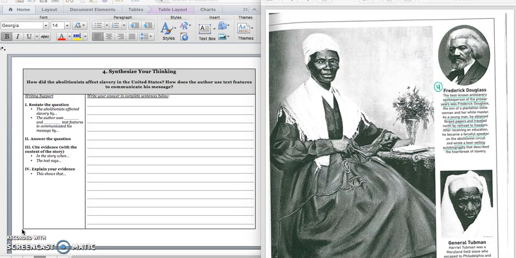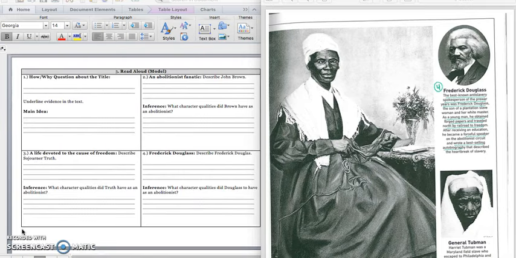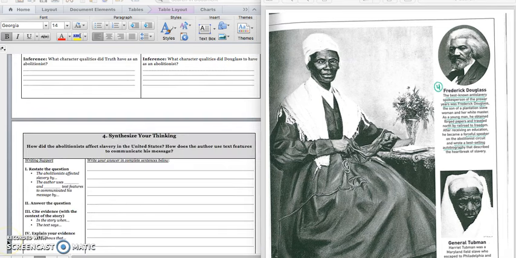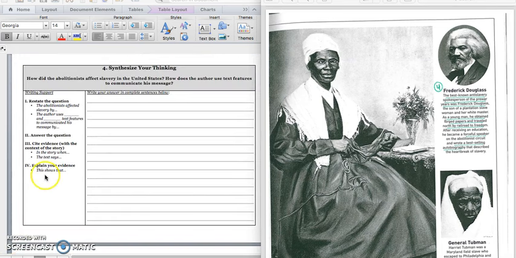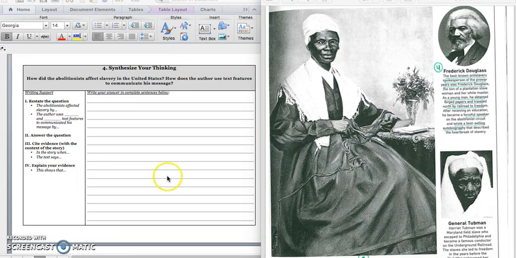How did the abolitionists affect slavery in the United States? How does the author use text features to communicate his message? And so if you go back, you could start with your main idea that tells us about abolitionists, and then you could choose one or two of the abolitionists we read about today to further describe how the author uses text features to communicate this message about abolitionists.